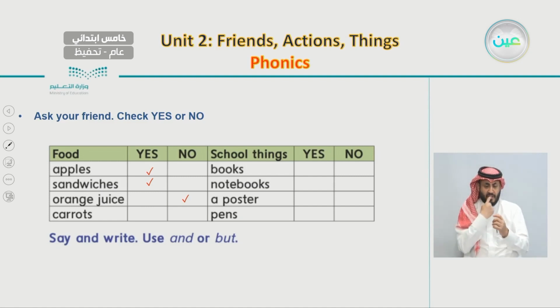He said no. So here I can say that my friend has apples and sandwiches, but he doesn't have orange juice.